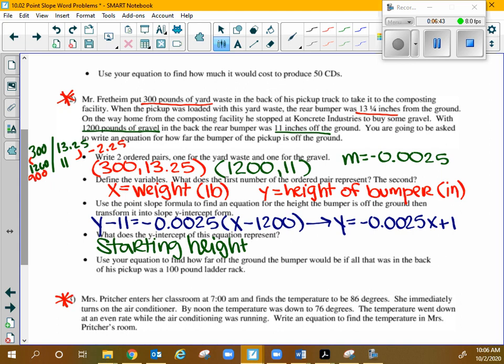What did that give you? Negative 3 plus 11. No, it should have been positive. A negative times a negative is positive. So this is 3. If you add 11 to the other side, that is 14.